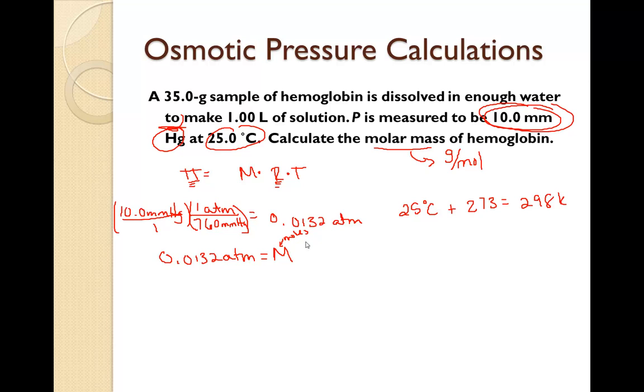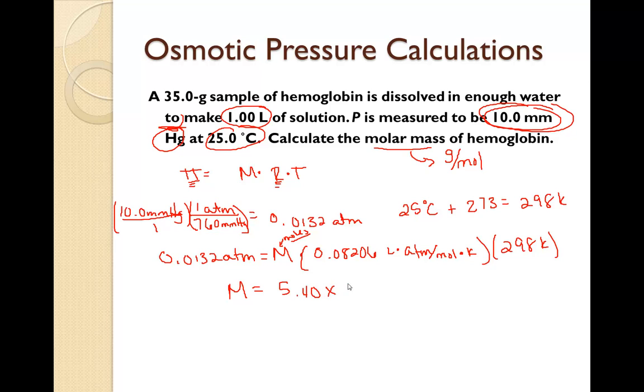We have the liters of the solution right there, times the ideal gas law constant, liters, atmospheres, that matches up with those atmospheres, moles, the moles and liters match up with the molarity, in Kelvin, which is what we're about to add right here, 298. Multiply and divide and solve for M. And M comes out to be 5.40 times 10 to the negative 4 moles per liter.